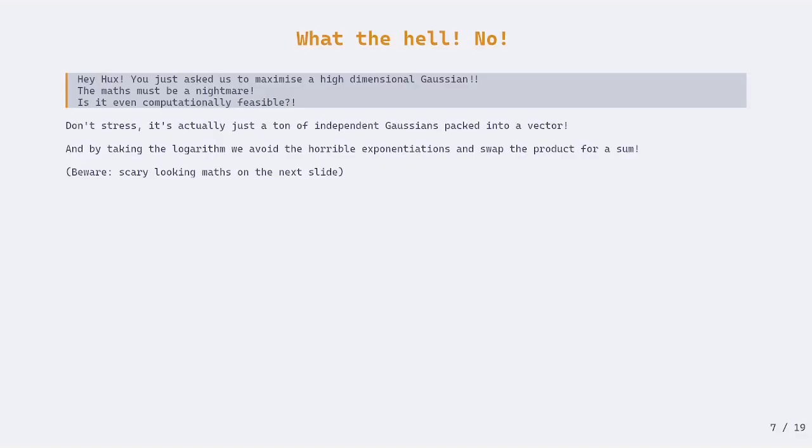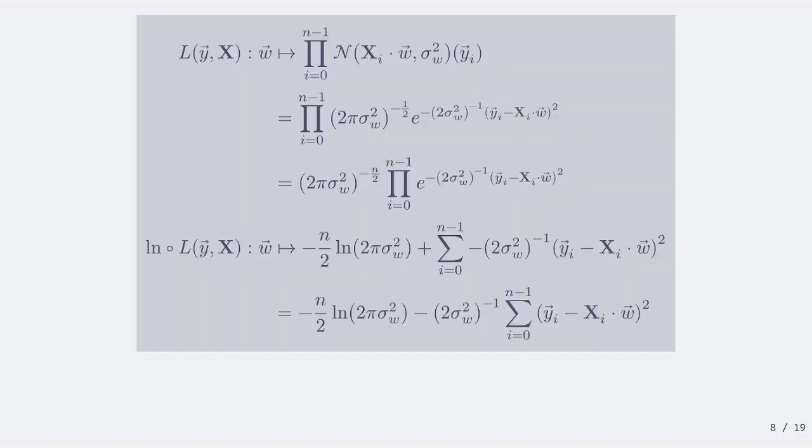So lots of scary looking math on the next slide, but bear with me. A lot of it is just constant factors and annoyances.